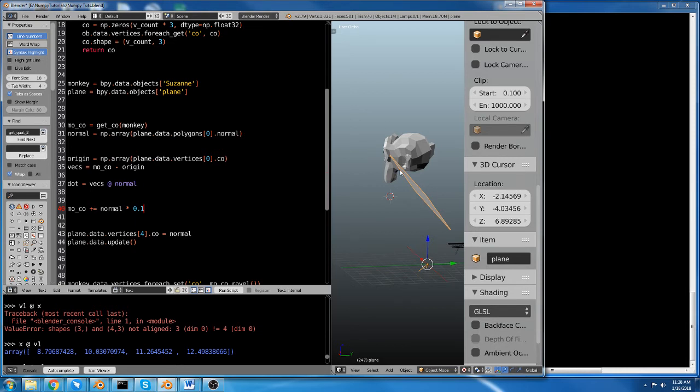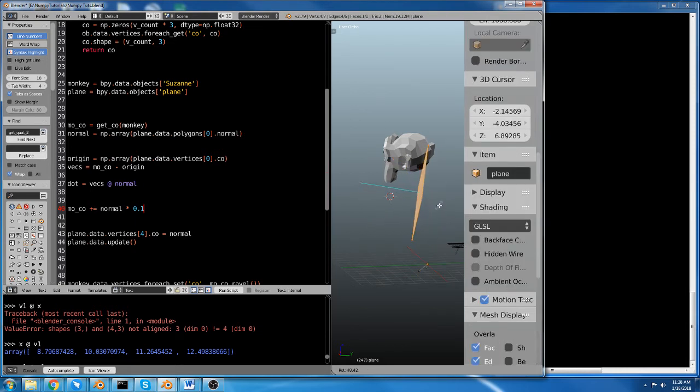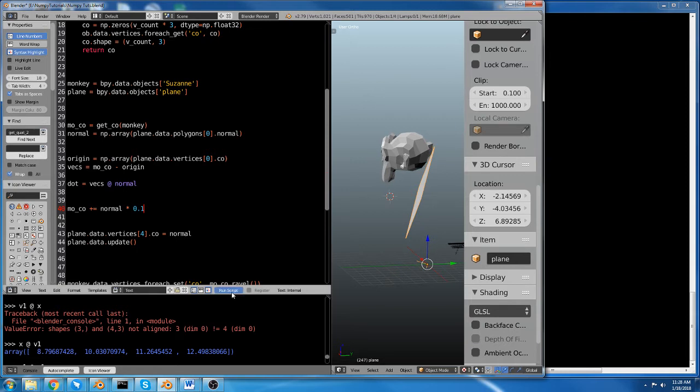If you had this set up to run on a frame handler, you could grab this normal and spin it around, and Suzanne would keep moving in whatever direction while it's spinning, and you can do some cool stuff with that. But for now, just understand that we're adding that normal as a 3D vector to the location of Suzanne, and she goes in that direction.